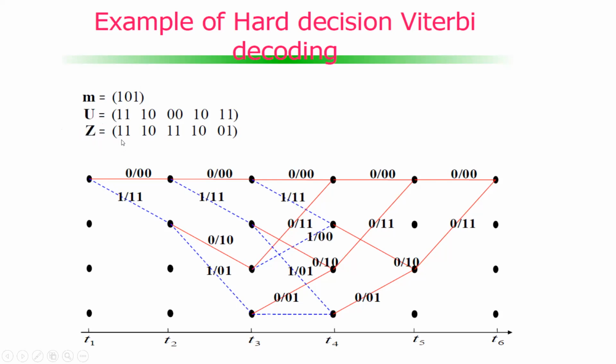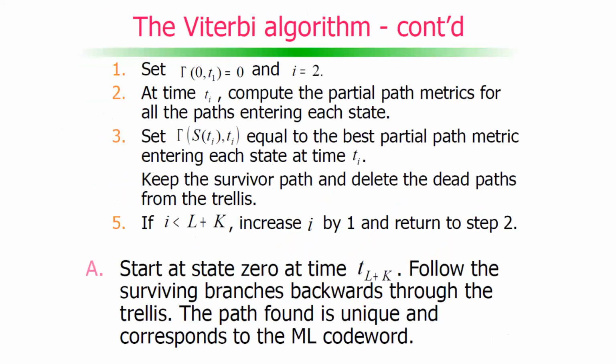So what is received? Received is 11, 10, 11, 10 and 01, right? So how to decode it and how to know that this code word was transmitted and this message was transmitted? We have only Z at the receiver, but we know the structure of the encoder that is being used at the transmitter. That means we know the transmitter trellis.